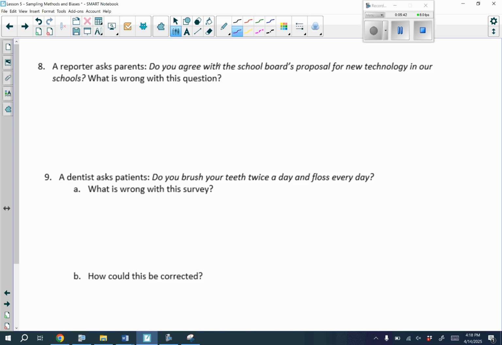Well, okay, so let's see about this. In order to give your opinion, you should probably know what the school board's proposal is. Notice here they do not lay that out. They don't give that preference ahead of time and then ask this. So this could be where people may not know the proposal and cannot give their honest opinion.